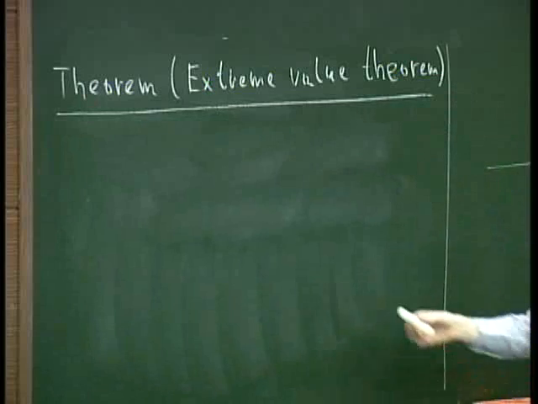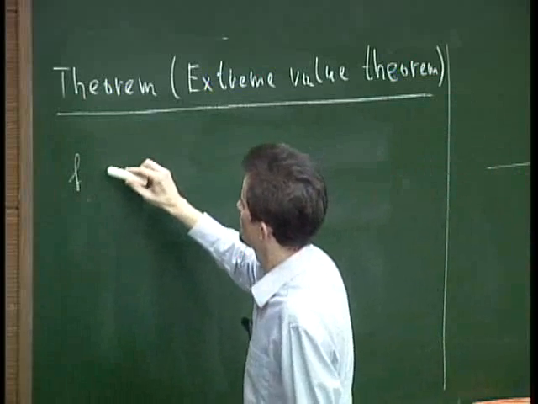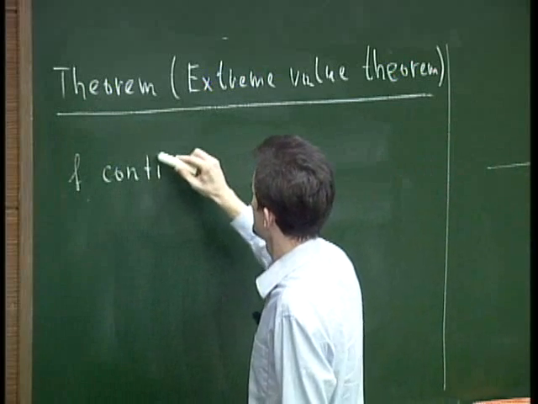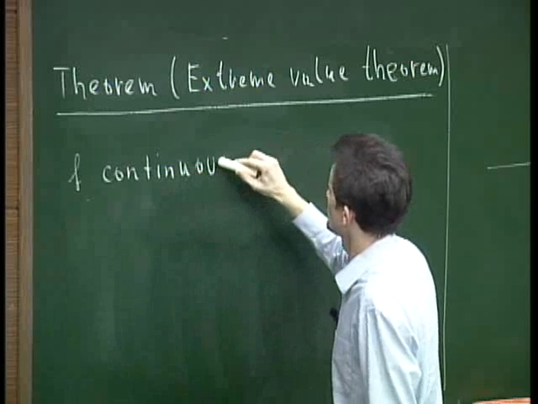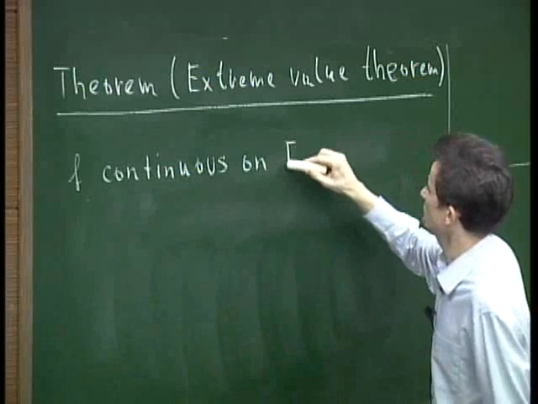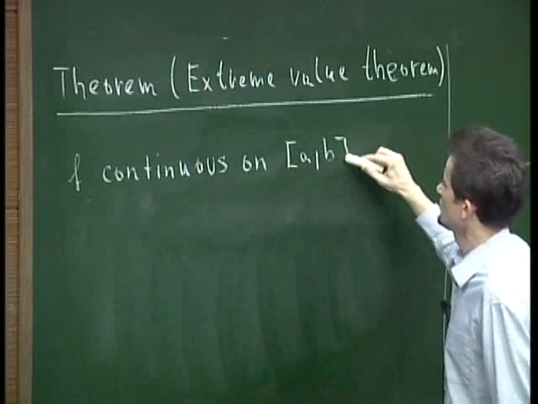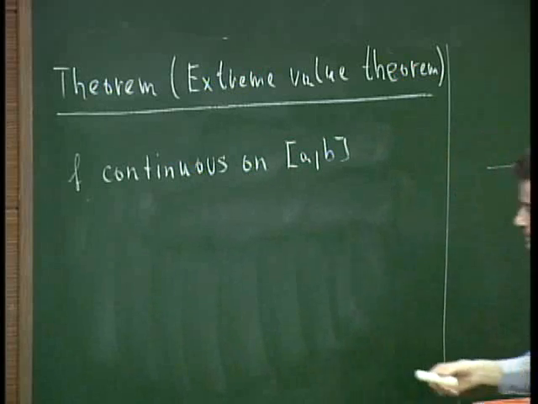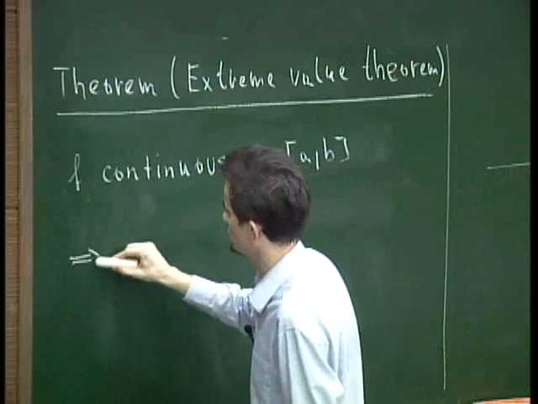If you have a function f continuous on a closed interval [a, b], then f has both an absolute maximum and an absolute minimum.